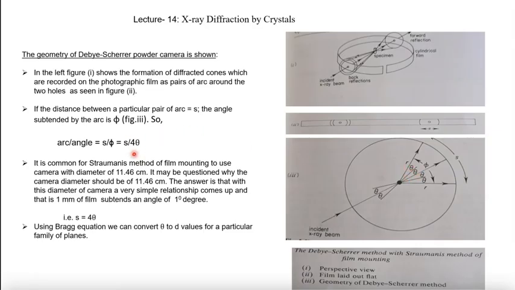From here, S is equal to 4 theta. How is it? Because the Debye camera has a diameter of 11.46 centimeters. You might ask why 11.46 centimeters? It's a simple mathematical relation, and with this 11.46 diameter of camera, 1 millimeter of film subtends an angle of 1 degree. So S is equal to 4 theta, and from here we can find theta, and from theta we can convert it into d, the interplanar distance of the family of planes.